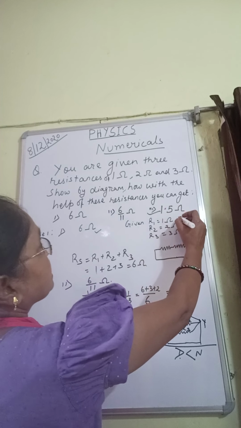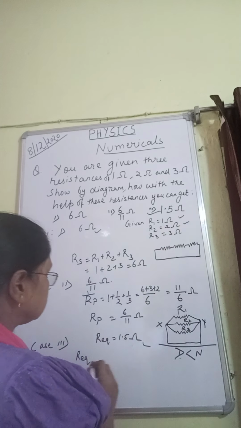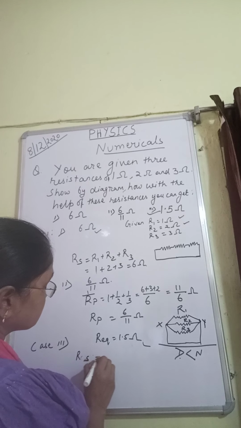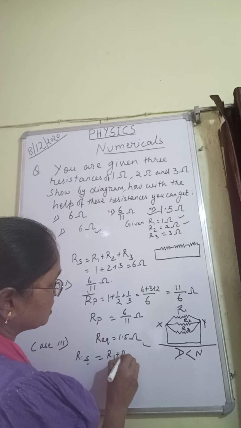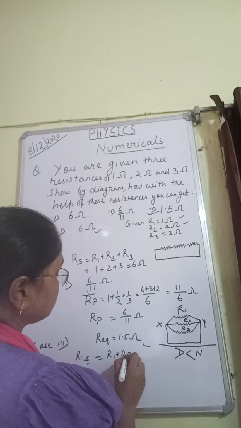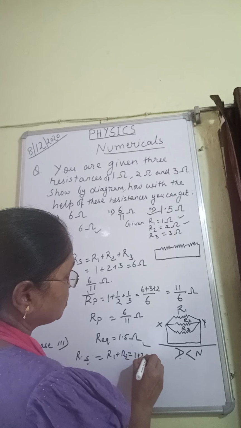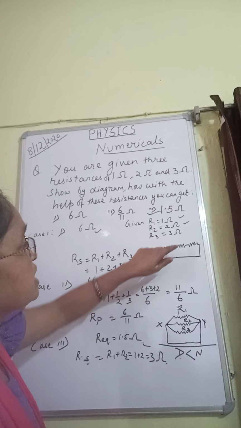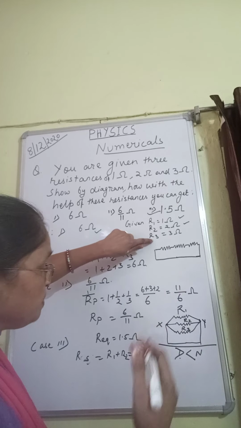So first we connect R1 and R2 in series. R series is equal to R1 plus R2, so here you will get 1 plus 2 ohm, that is 3 ohm. And then this 3 ohm is connected to R3 in parallel.